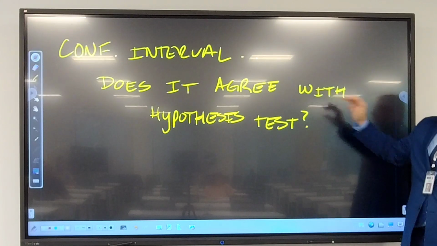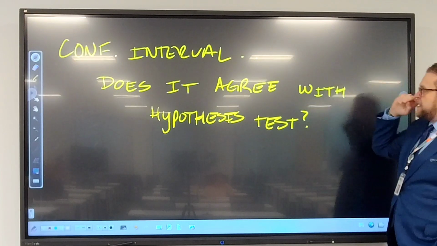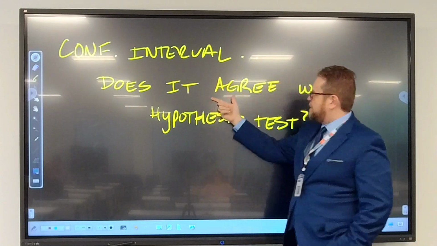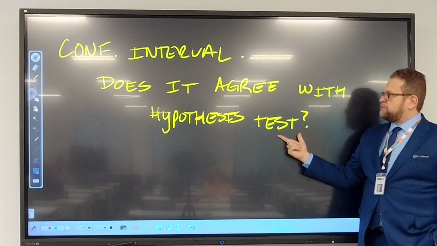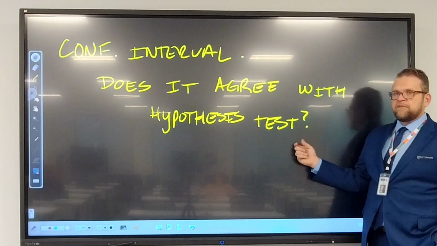Could we then answer this question? If I didn't make any mistakes in my confidence interval or in my hypothesis test, I want to be able to answer this question and give a reason why.